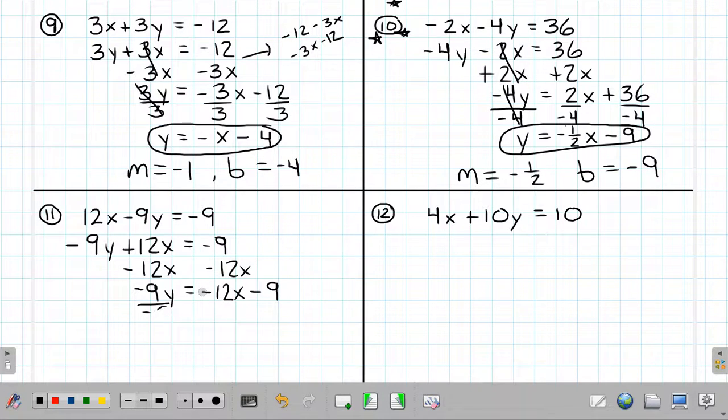And once again, same thing. Divide by negative 9, divide by negative 9, divide by negative 9. So here we get y is equal to negative over negative, 12 over 9. It's a little bit tougher, but that reduces to 4/3 x. And then negative 9 over negative 9 will give us a positive 1.